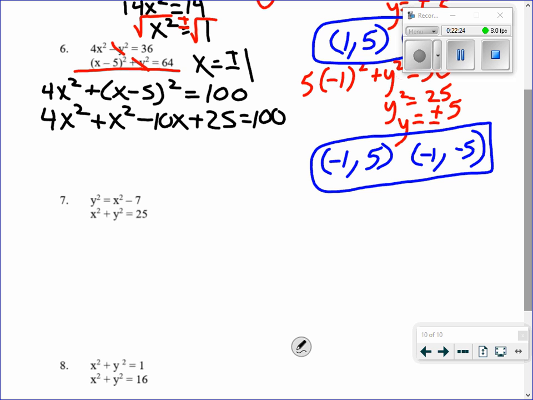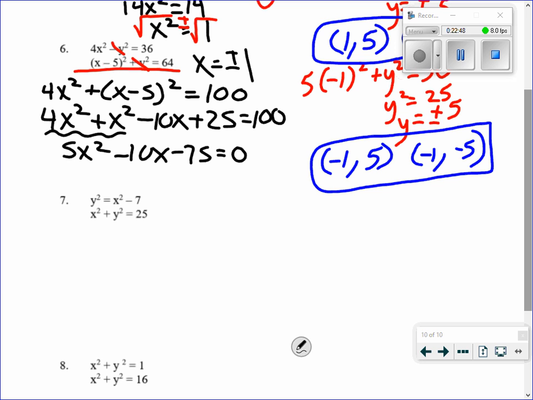And then same process from here. What do we want it to be equal to? To 0, right? So I'm going to have to subtract 100, and what do I have to do with these guys here? Yep, combine your like terms. So you'd have 5x squared minus 10x minus 75 equals 0.